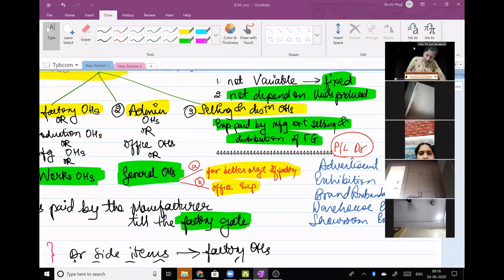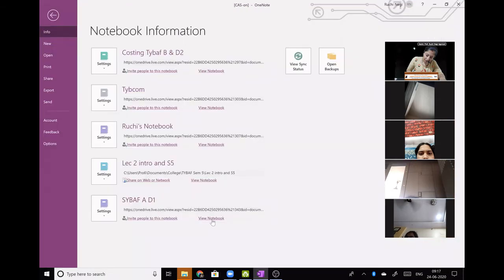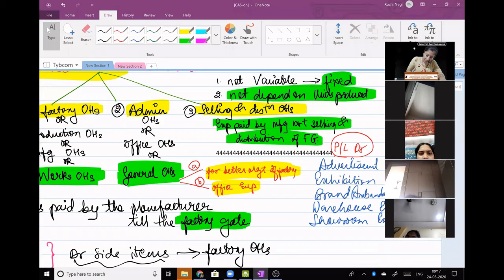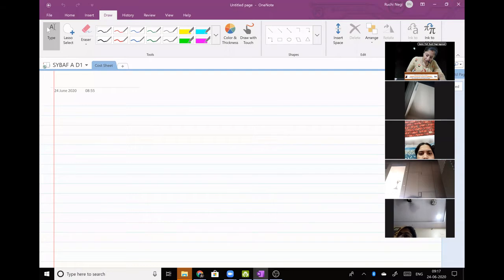Okay, so moving on to cost sheet. Right, so be ready now. Yeah, I had highlighted factory gate because the word factory gate was important.